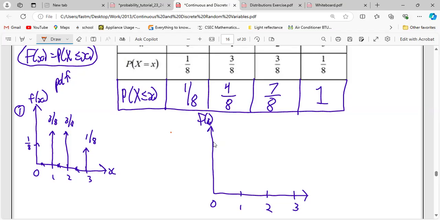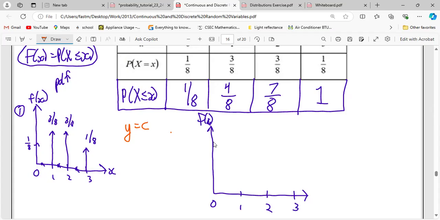A graph where the gradient is 0 is a horizontal line, because it would just be y equals c, a line that cuts the y-axis.